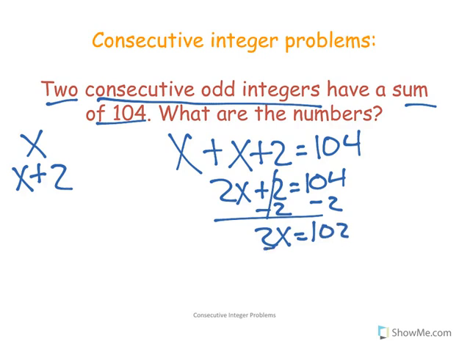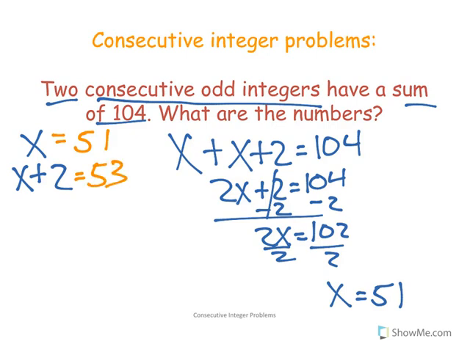All right, so x is 51. And x plus 2 is 51 plus 2, which is 53. So what are the numbers? The numbers are 51 and 53, right? So are they consecutive odd numbers? They are. Do they add up to 104? They do. So there's our little check.